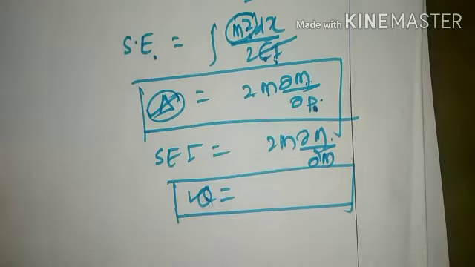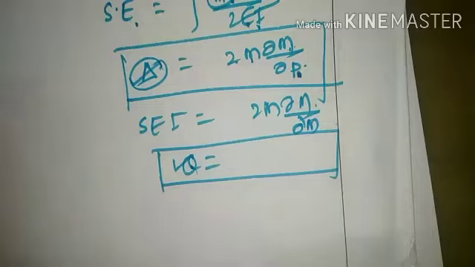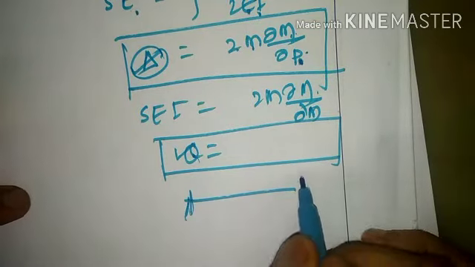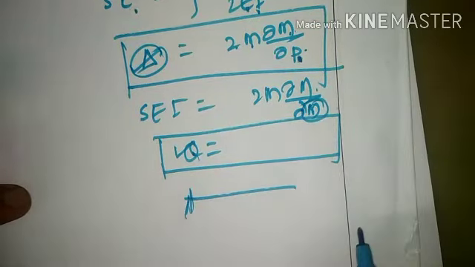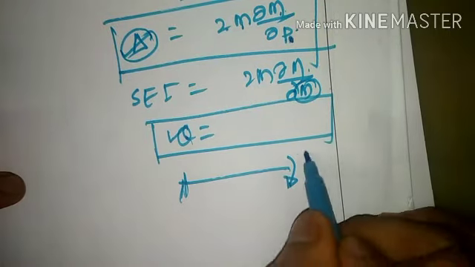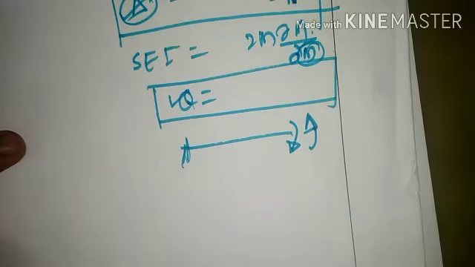Most important, wherever I need to find out the slope, it is essential that I have a moment at that particular point. Moment means a couple at that point, either clockwise or anti-clockwise. It is essential to have a moment or couple at the position where slope needs to be evaluated.